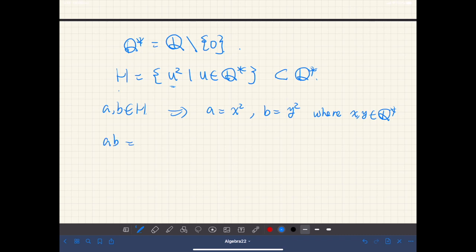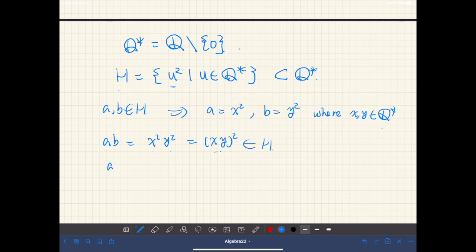So AB is x squared times y squared. These x and y are just ordinary non-zero rational numbers, and xy is a non-zero rational number. So the square of that belongs to H.